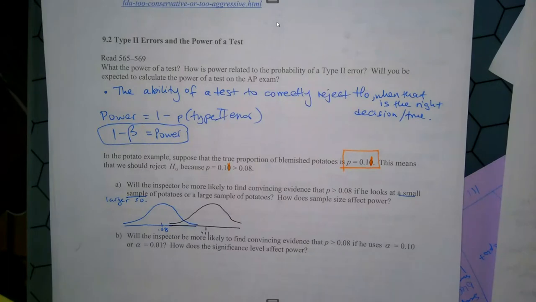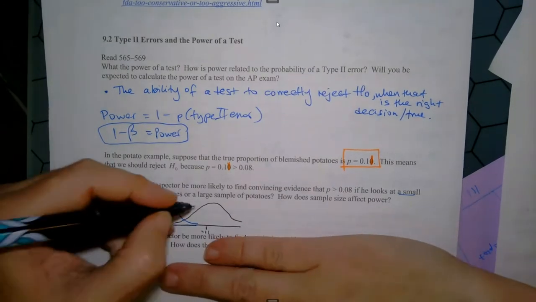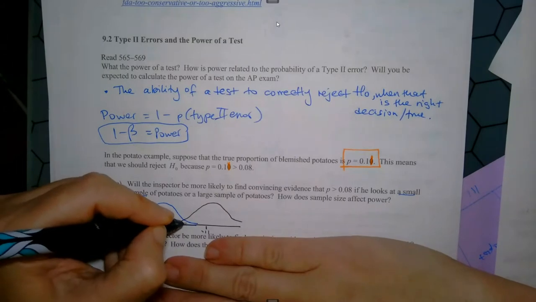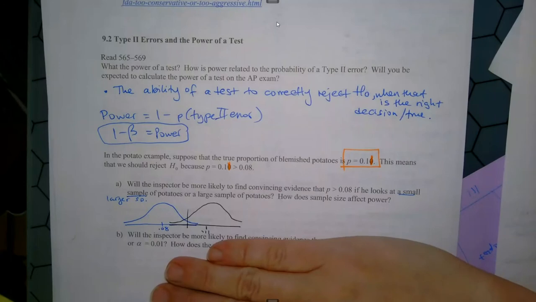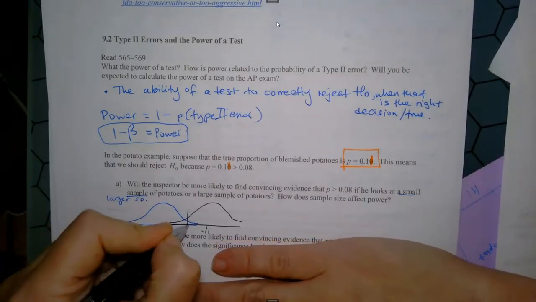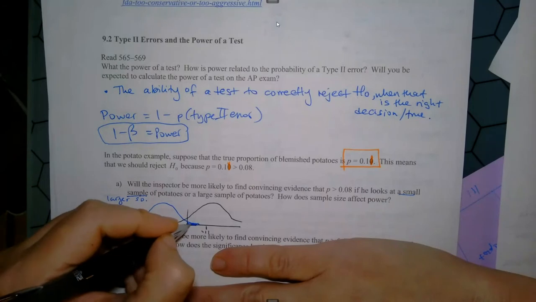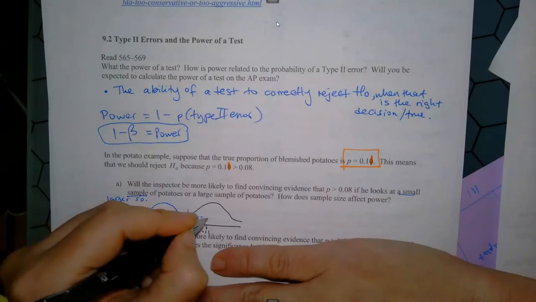Let's say you're doing an alpha 0.05 test. That would mean that if you land in the upper 5% of your blue graph, you should be deciding to reject those potatoes. On the blue graph, this is blue shading. Let's say this is my alpha, which is 0.05.